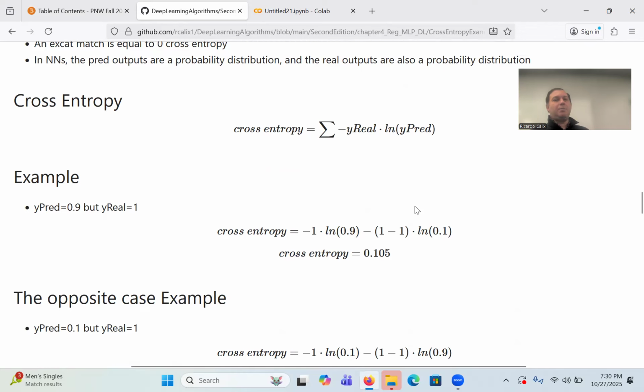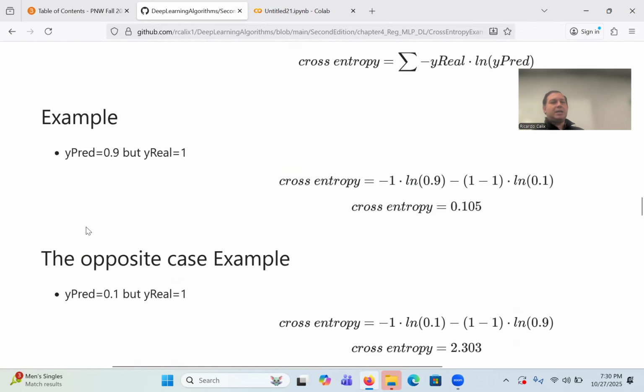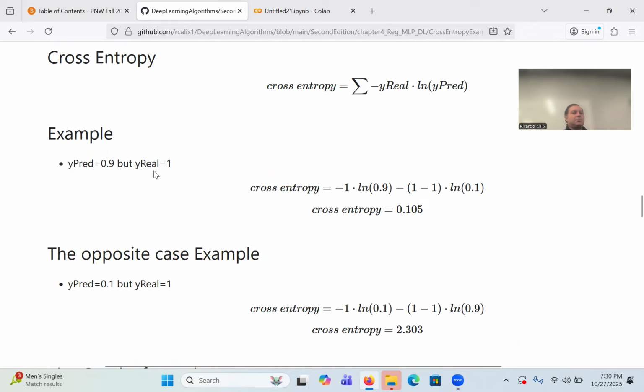So here's an example to make this more concrete. Let's imagine the case where we want to predict Y real equal 1, right? So Y real is 1, and the model says that Y pred is 0.9. So they're close, but not quite there. So if we measure that cross entropy, it's going to be 1, because that's the real, times the natural logarithm of 0.9.